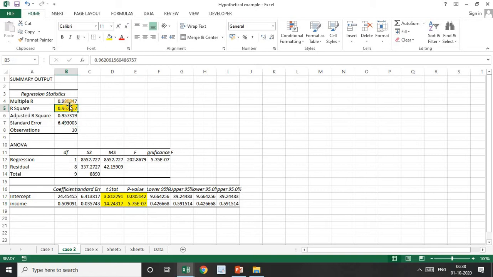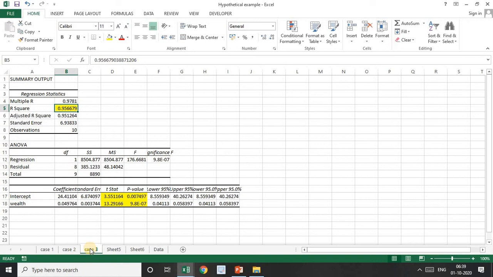When we remove one variable from the equation, R square is not changing but t stat starts changing. What does it mean? That means if we remove the wealth variable, still 96% of the total variations in expenditure are explained by income.